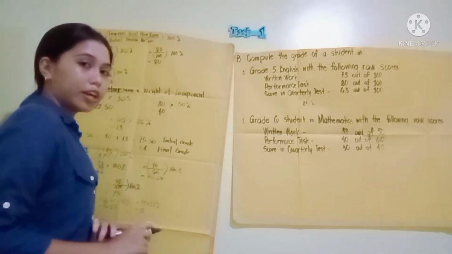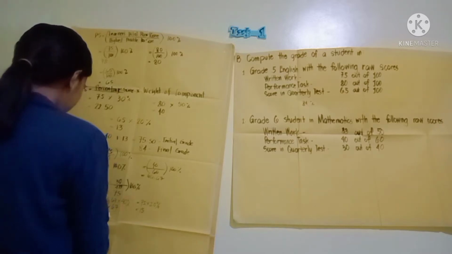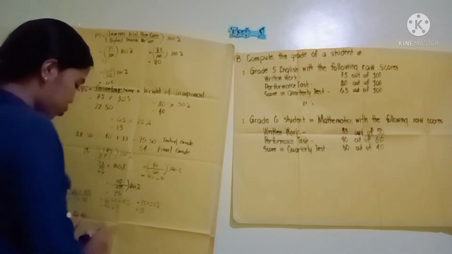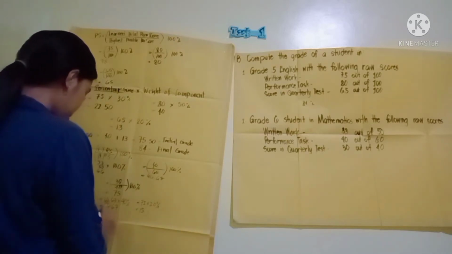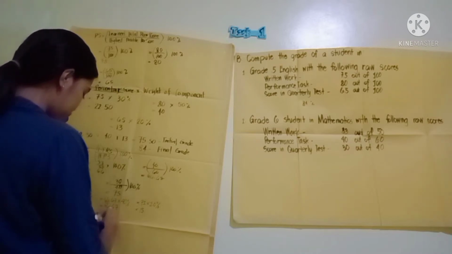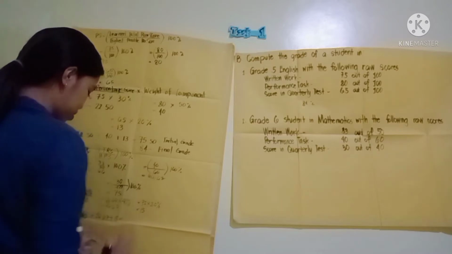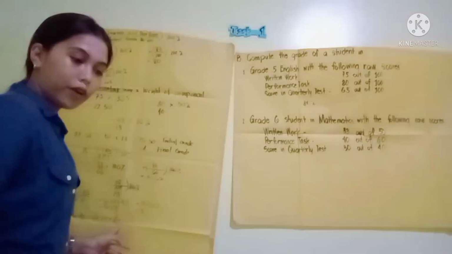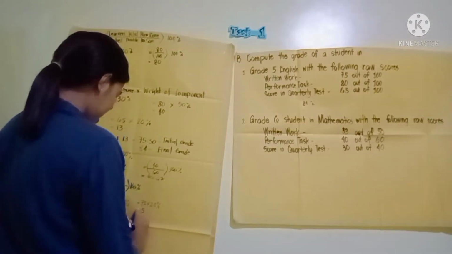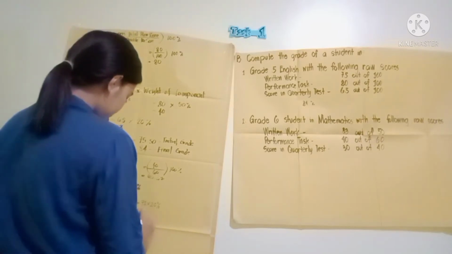So we need to get the initial grade, so we add the weighted score for the written work, which is 26.40, plus for the performance task, 26.67, plus 15 for the quarterly assessment. So the initial grade is 68.07.